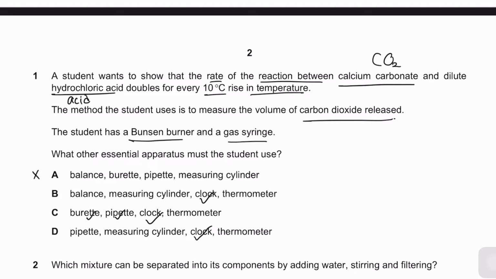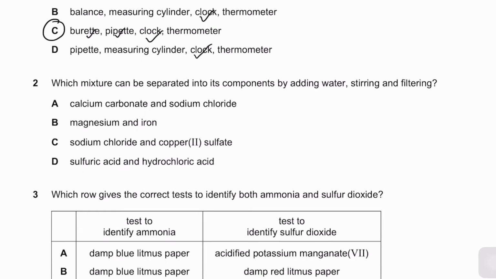So all carbonates are insoluble except sodium, potassium, and calcium. So this is also a soluble carbonate. So one will be given at a fixed amount and the other will be given slowly to measure the rate of reaction depending on how much gas is released. So for number 1, the answer will be C.